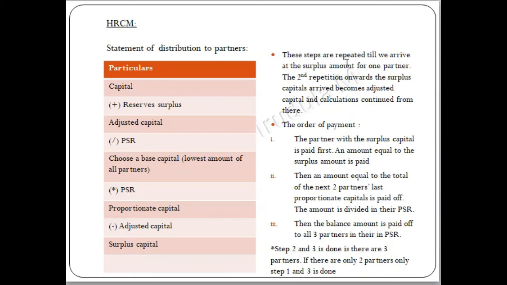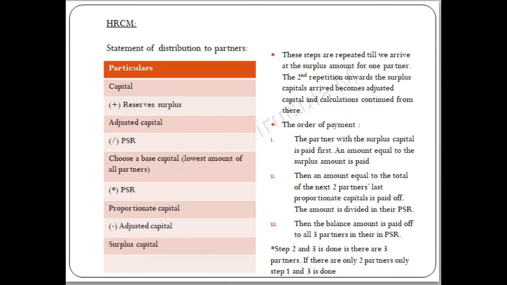Now, these steps are repeated till we arrive at the surplus amount for one partner. Now, how will it go forward from the second repetition? From the second repetition onwards, the surplus capital will become the adjusted capital. So, we'll start from here for the second repetition. This will be the adjusted capital divided by the PSR of each partner. You will arrive at different figures.